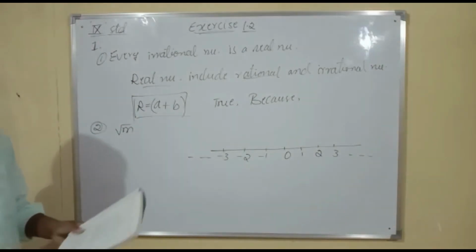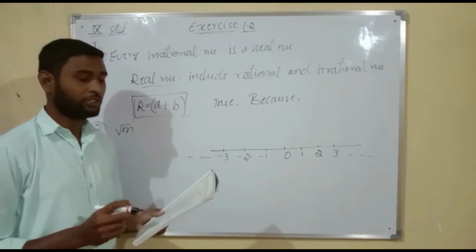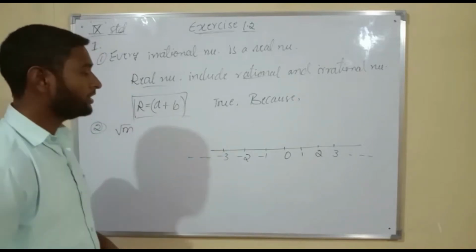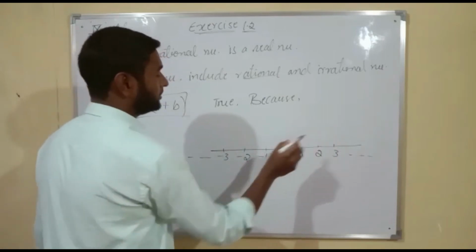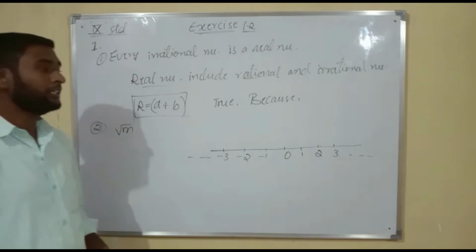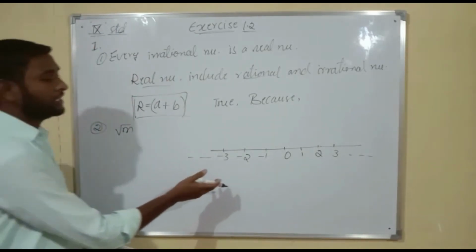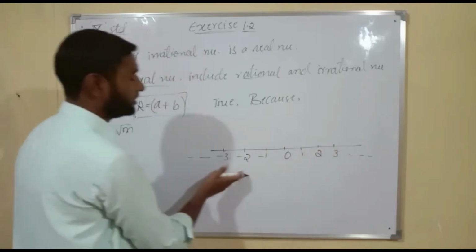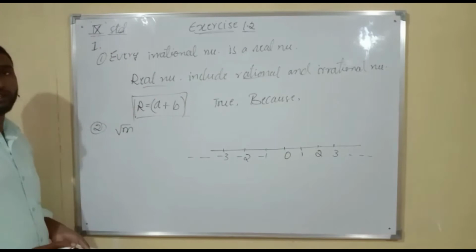If you look at the statement, it is said that every point on the number line is of the form root m. According to the statement, every point on the number line is of the form root m. But if you look at these numbers, the positive integers and the negative integers, they are not in the form root m.